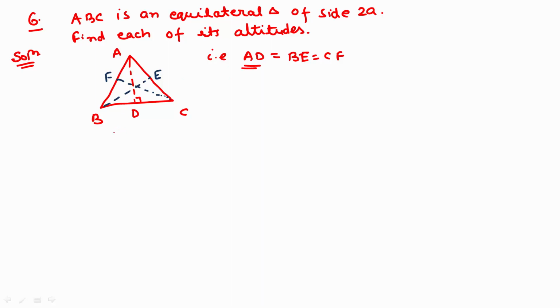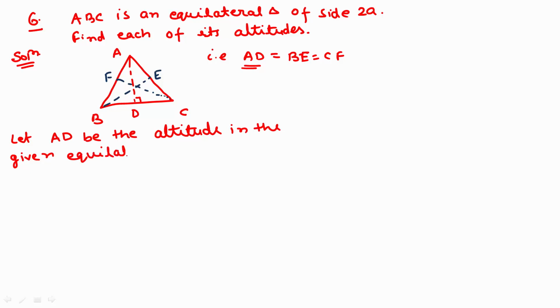The side is 2a. Let AD be the altitude in the given equilateral triangle ABC. We know that in an equilateral triangle all sides are equal.